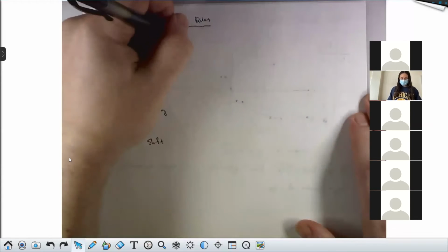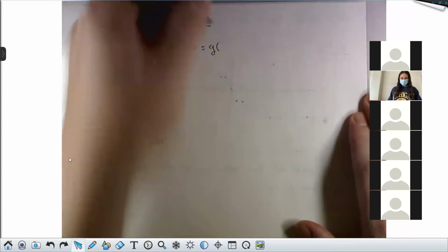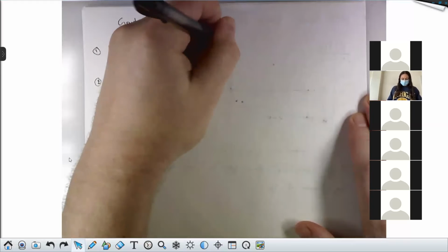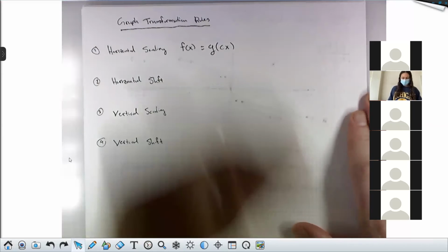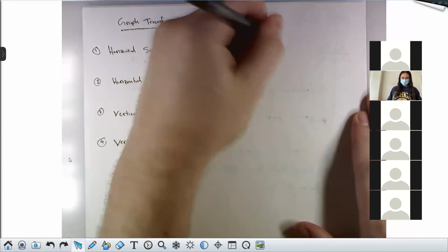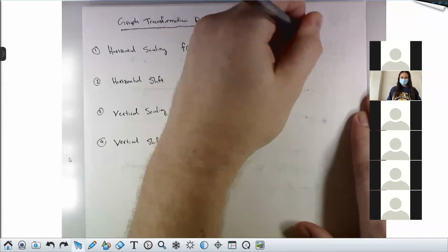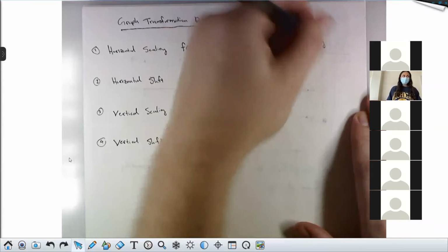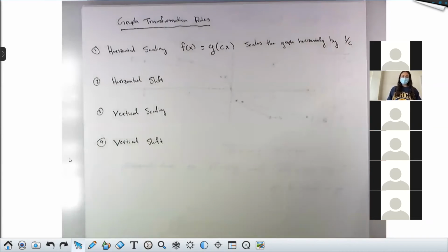If your function f of x is equal to the parent function g, but with some number multiplied on the inside, g of c times x, this scales the graph horizontally by 1 over c.